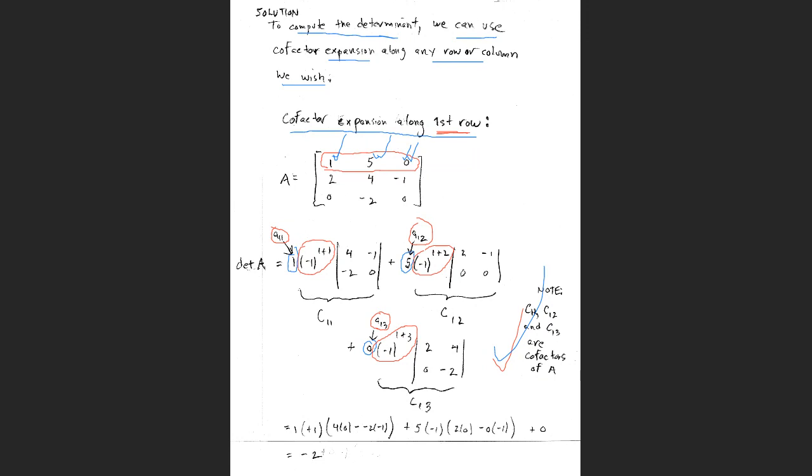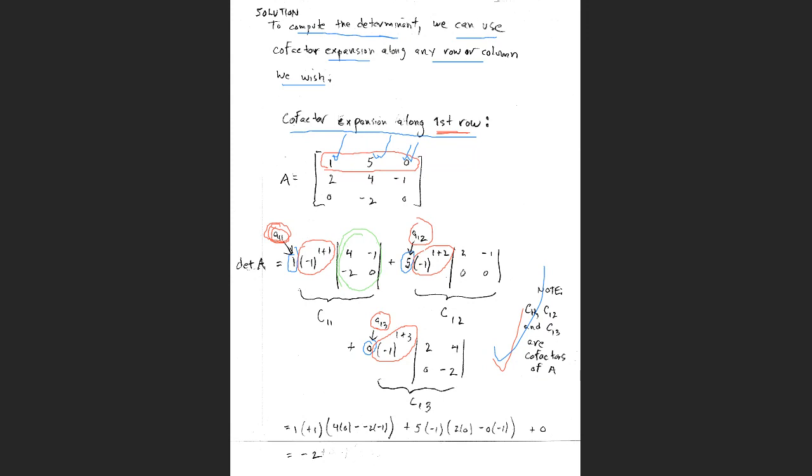So how do we get this submatrix here? Well, since that submatrix goes with the A sub 1, 1, the 1 is in the first row and the first column.